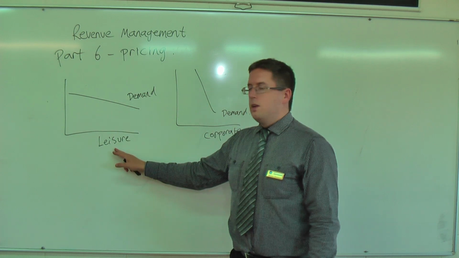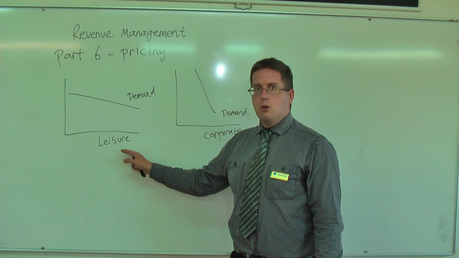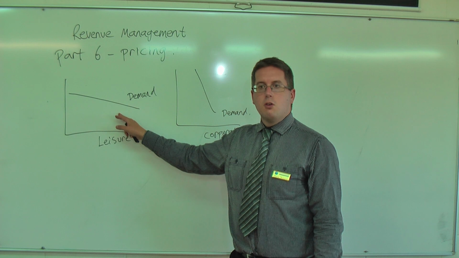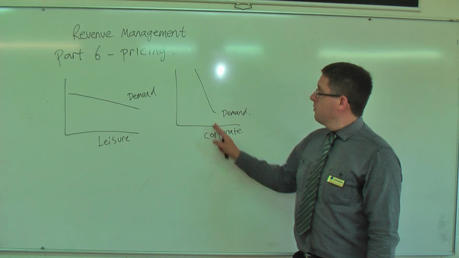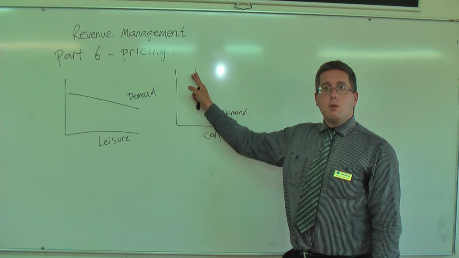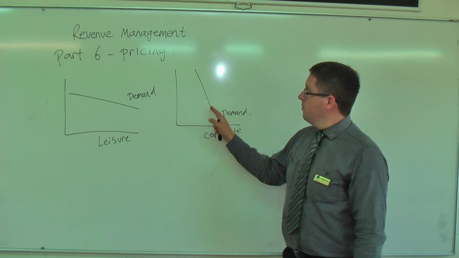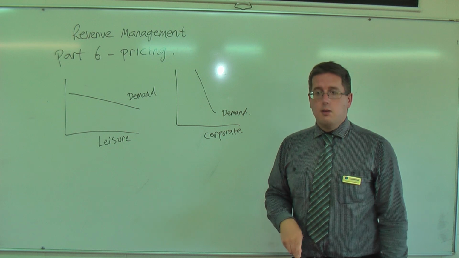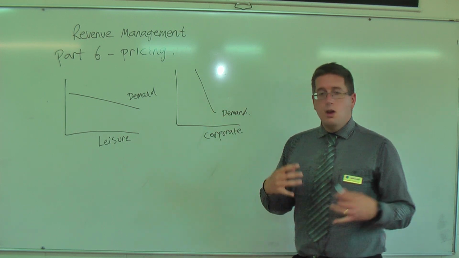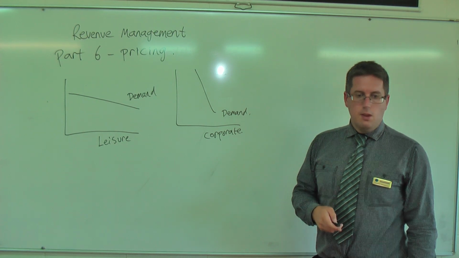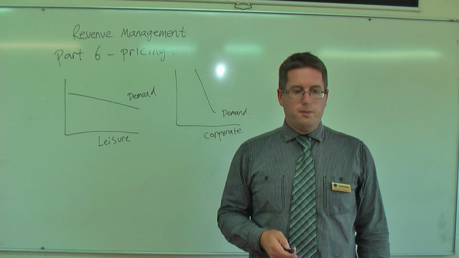So here, the leisure segment, yes, it's good for filling rooms, but might not be so good for making profit on each one. The corporates might be willing to pay more per room, so they are price insensitive. So, pricing to different segments. What can we do?